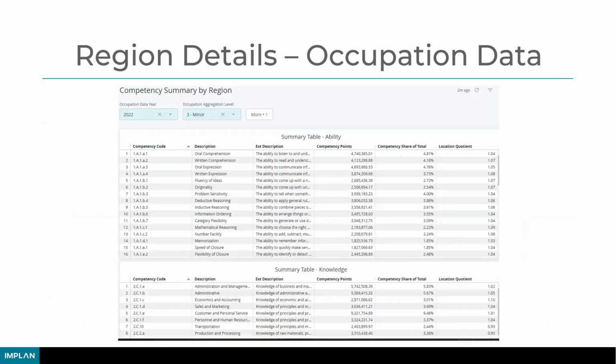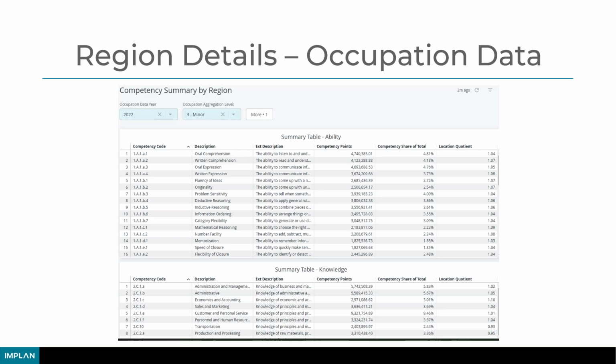Also, there's core competency data. So we can get into a number of options in terms of looking at abilities, knowledge, skill, education required, work experience required, and on-the-job training required in three different ways.